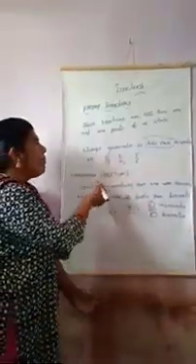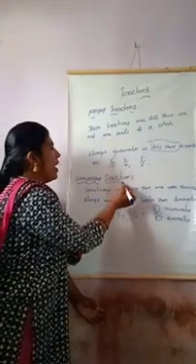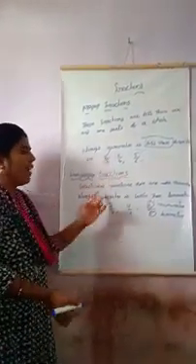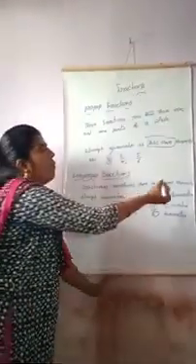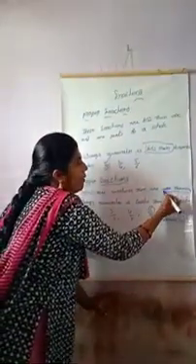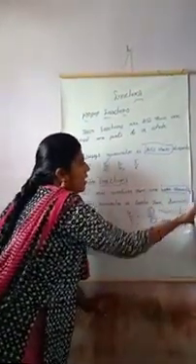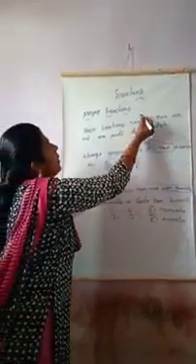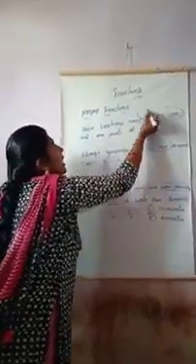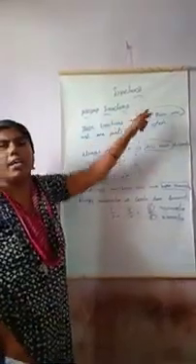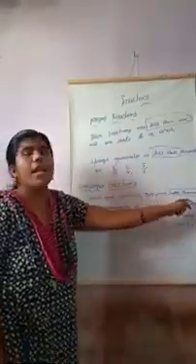Second one, improper fraction. These fractions are all more than 1. To observe: a proper fraction is less than 1, an improper fraction is more than 1.